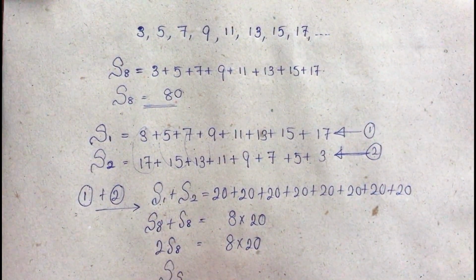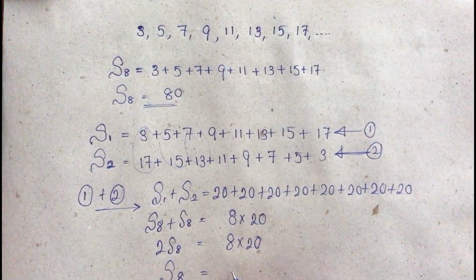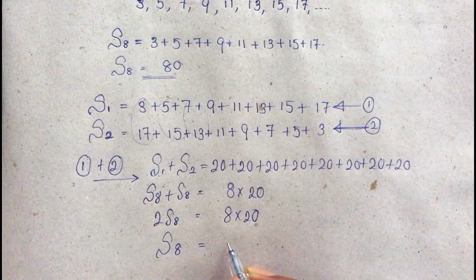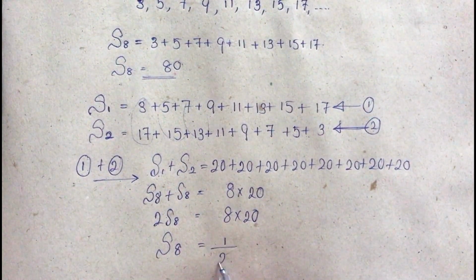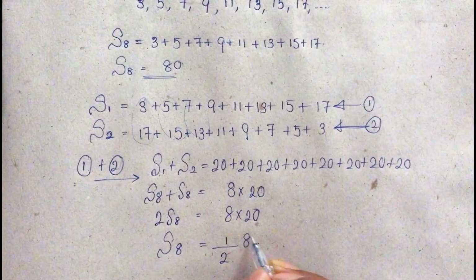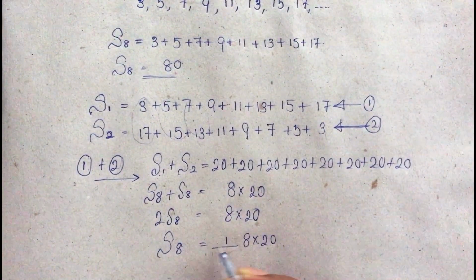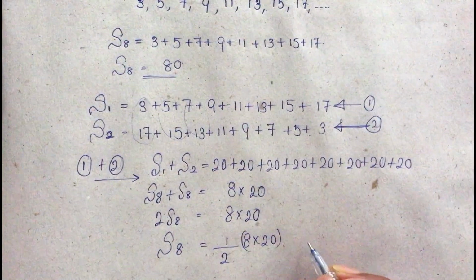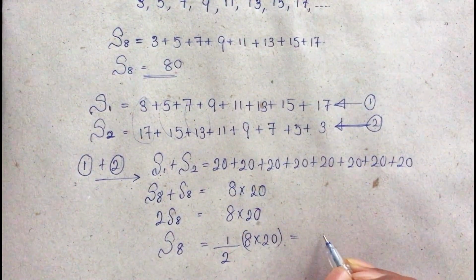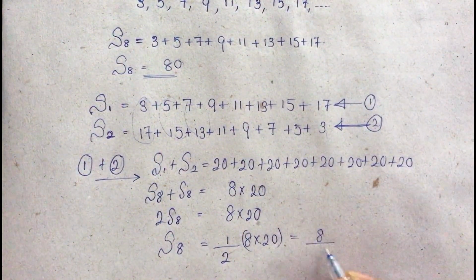Then you get S8 as 1 over 2 into 8 into 20. I write it as 8 over 2 into 20.